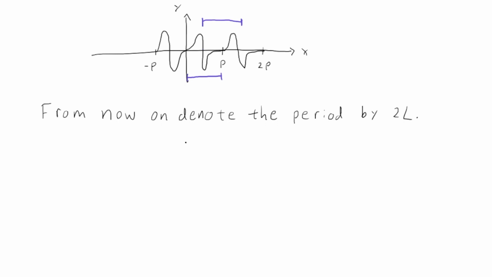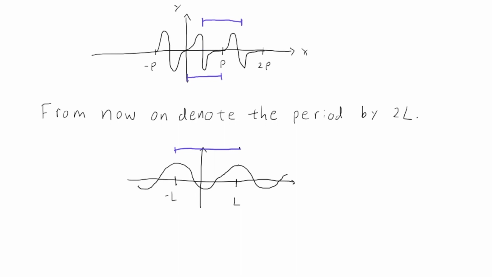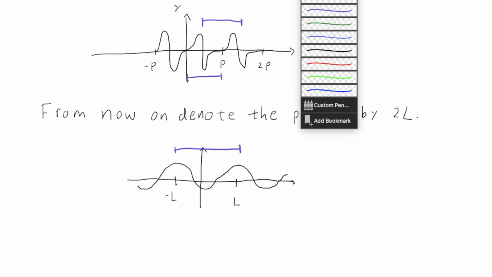And the cycle that I'm going to focus on for our periodic function of period 2L is just the centered interval from negative L to L. If I know my function from negative L to L, then I'll know what it does as it continues because it just repeats. So it's going to do something like that from here, something like this. It's just a nice way to have our interval symmetric with respect to the y-axis, basically.